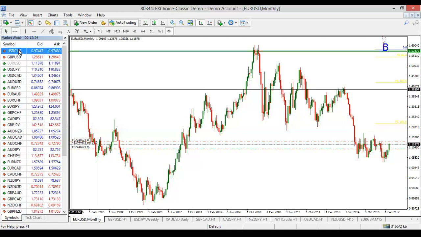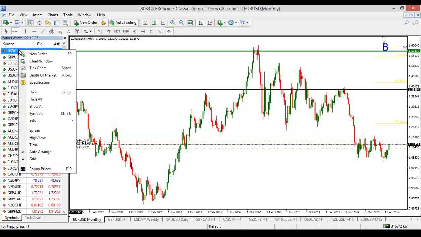Number 2, right click. Okay, right click. Have you seen this? Done that. Have you seen this? Chat window. Okay, no, I've not seen. Right click.